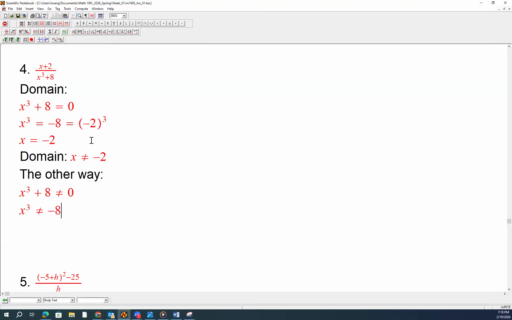And of course, as a result, negative 8 is equal to negative 2 to the power of 3. And as a result, x cannot be equal to negative 2. So that would be the domain we are looking for. Okay?